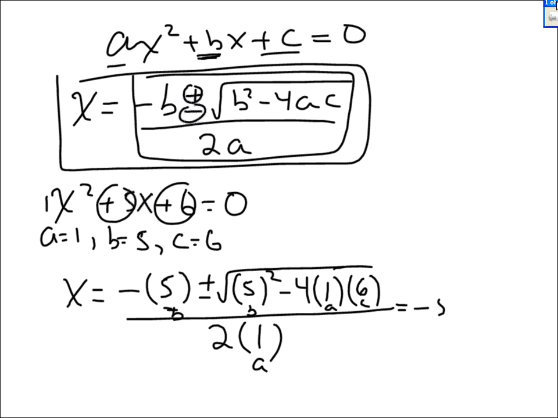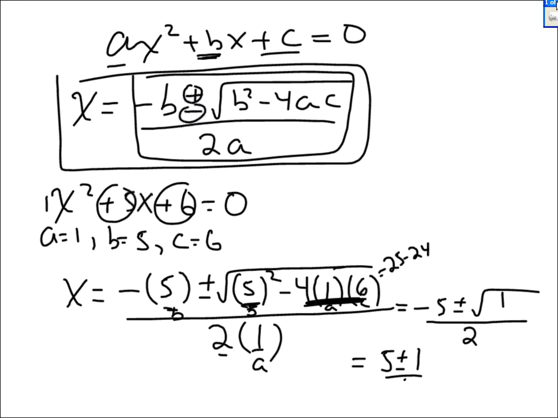So I get negative 5 plus or minus the square root of, this is 24. 4 times 1 is 4, times 6 is 24. 5 squared is 25. 25 minus 24 is not hard, it's 1. And the bottom is 2 times 1 over 2. And the square root of 1 is 1.